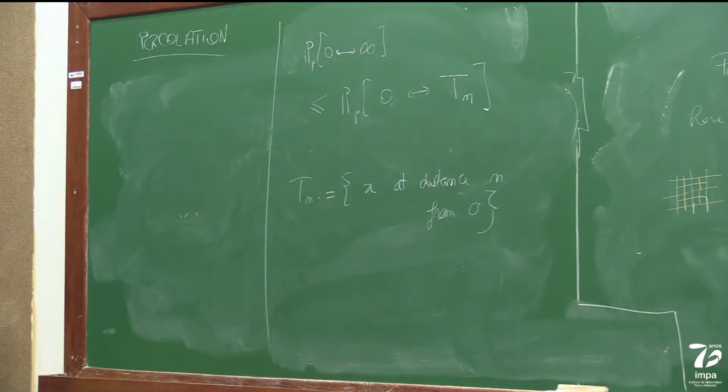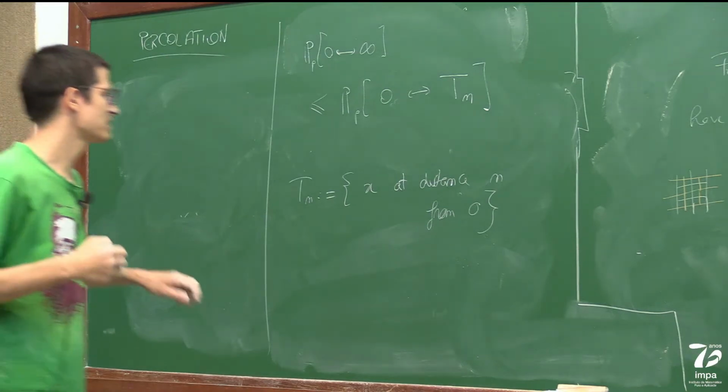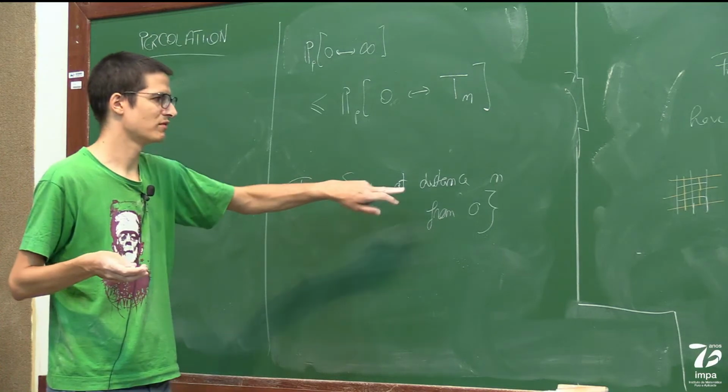When I say distance, I always mean graph distance, just the length of the shortest path that brings you to one vertex.